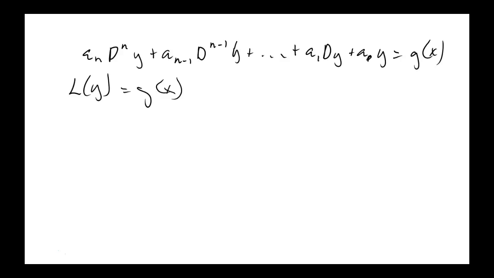Okay. Now, where L denotes the linear nth order differential or polynomial operator, like I just said. Okay. Now, when the coefficients in this equation that we have here are real constants, the linear differential operator can be factored whenever the characteristic polynomial that we used before factors.